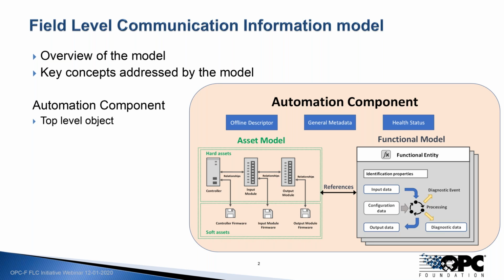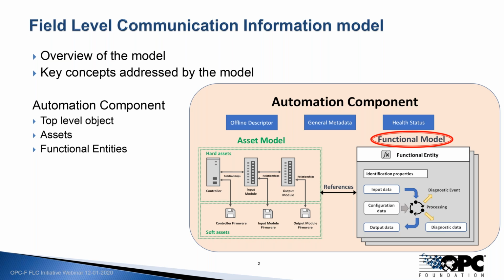So our top level component is an automation component. It represents the device or the controller. It has in it, or as part of it, an asset model that describes the physical, sometimes logical description of the actual assets.